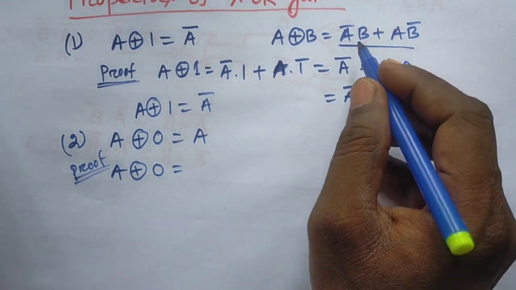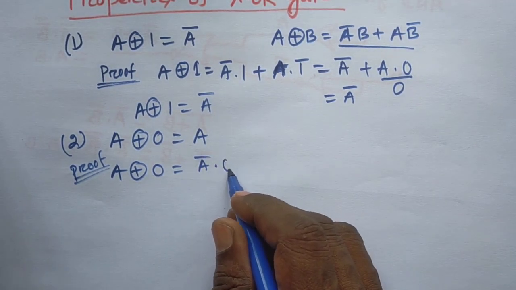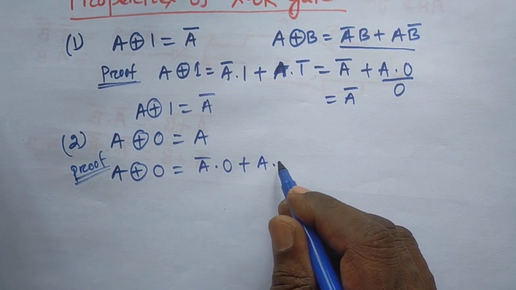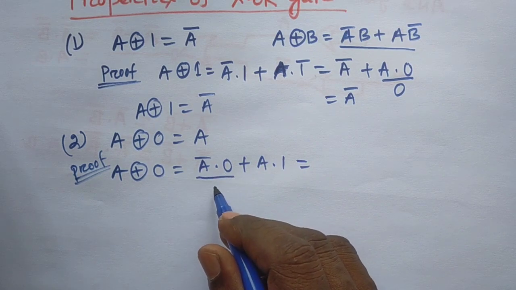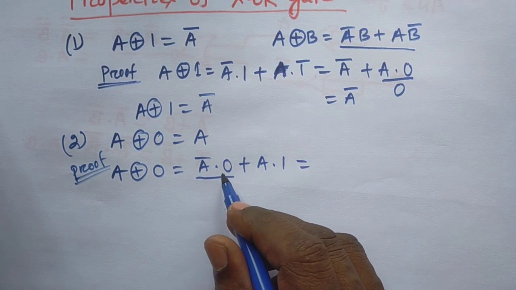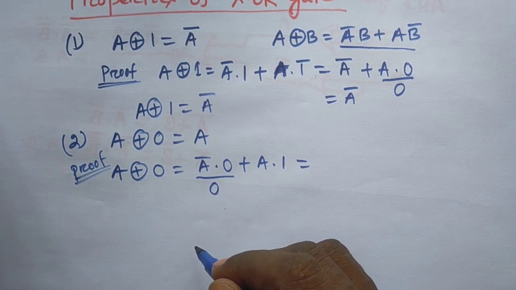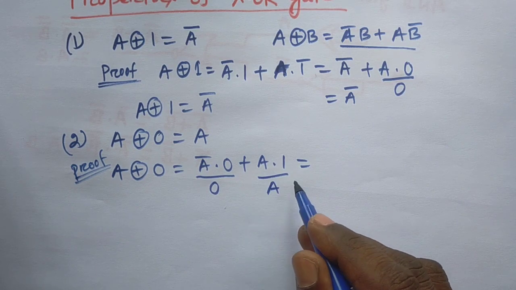It is a complement dot b, b is 0, plus a dot b complement, that means 1. Okay. So the first one is 0, obviously, because a complement dot 0 will be 0, and a dot 1, this value will be a.